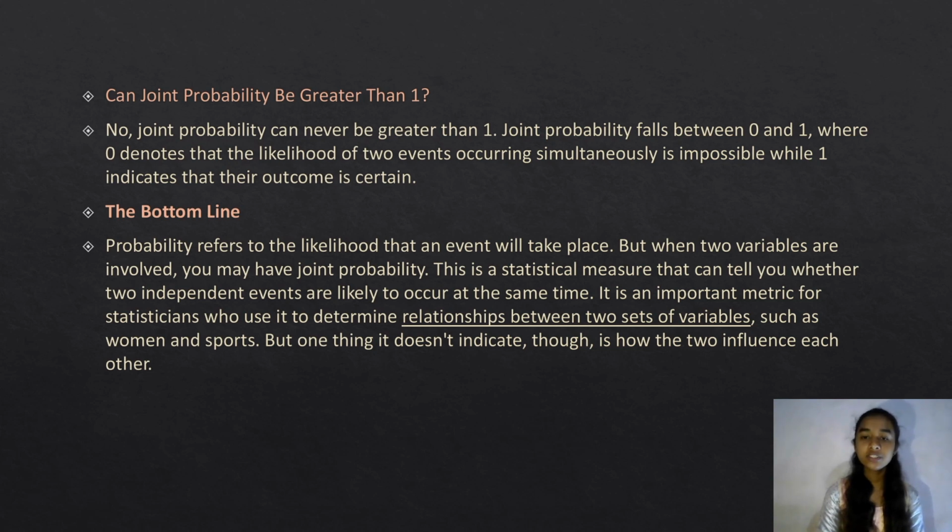This is a statistical measure that you can use to see whether two independent events are likely to occur at the same time. It is an important metric for statisticians who use it to determine the relationship between two sets of variables, such as women and sports. But one thing is, it does not indicate how the two influence each other.